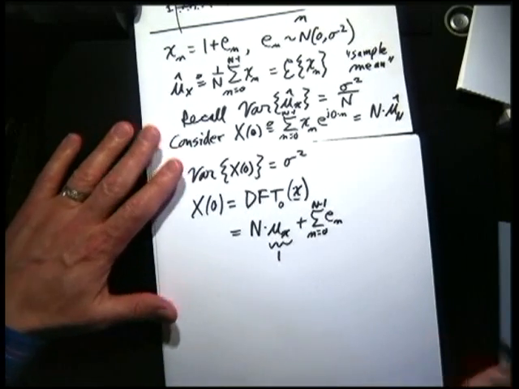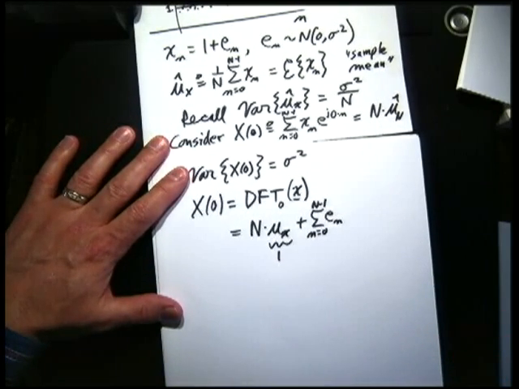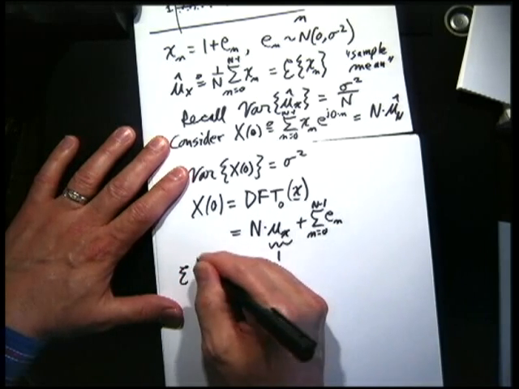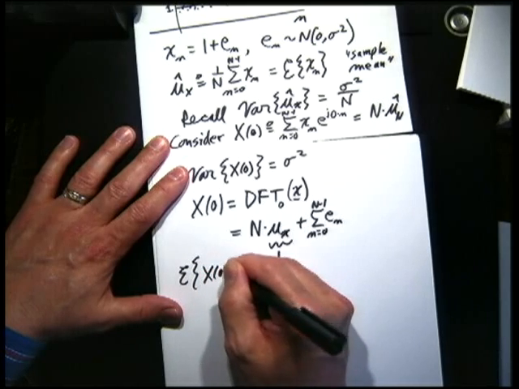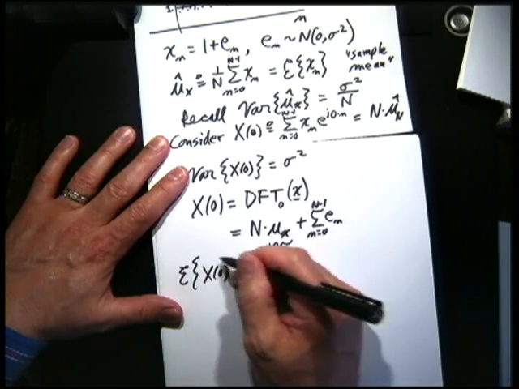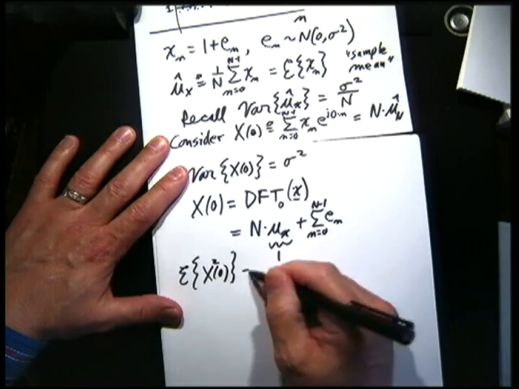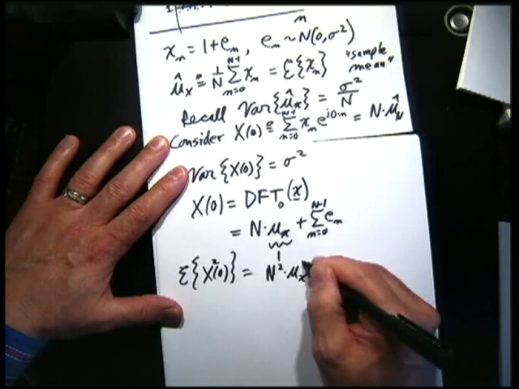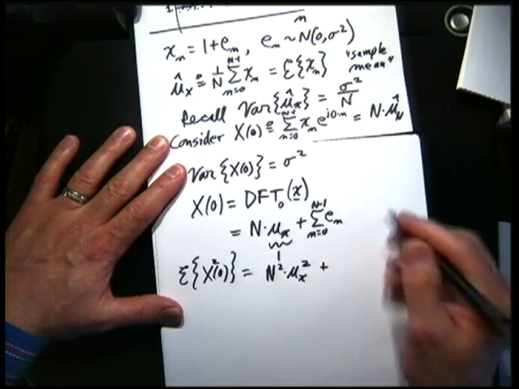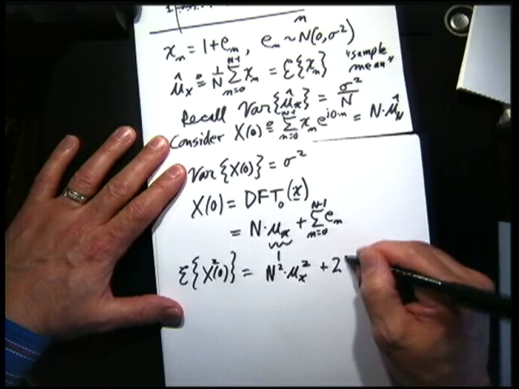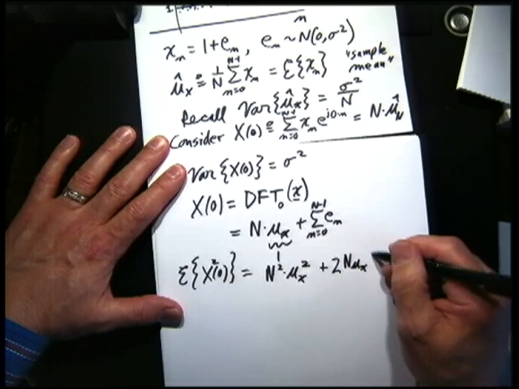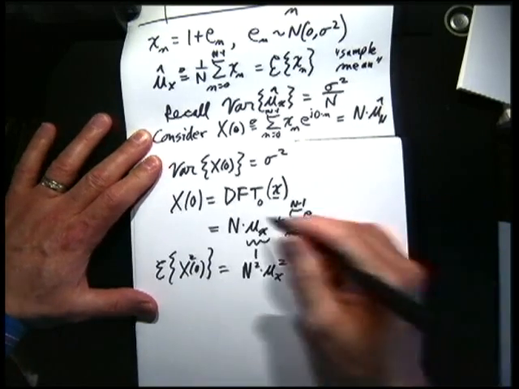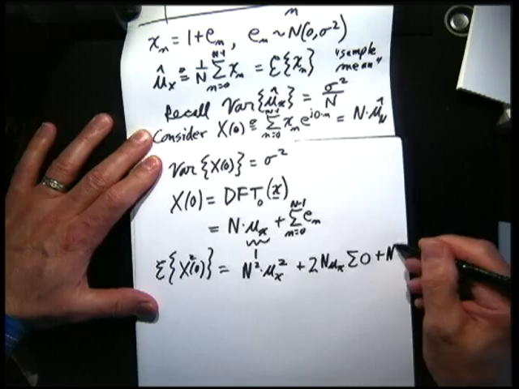And so what is the power of this? If you take now the expected value of X of 0 squared, what do you get? You get n squared times mu sub x squared, plus the cross term 2n mu sub x times the sum of noise, which is going to be 0, plus n times sigma squared.